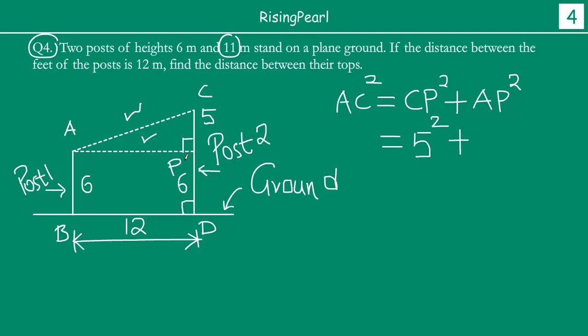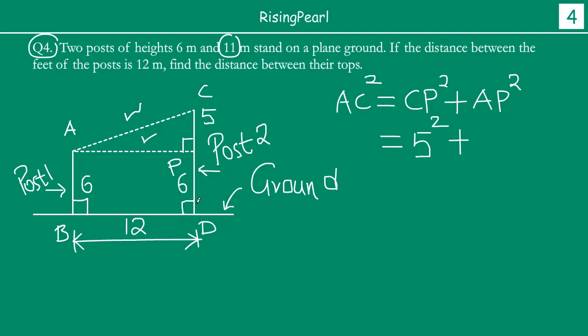What is AP? AP is equal to BD. Why? Because this angle is 90 degrees and this angle is 90 degrees, so you can prove that this is a rectangle.